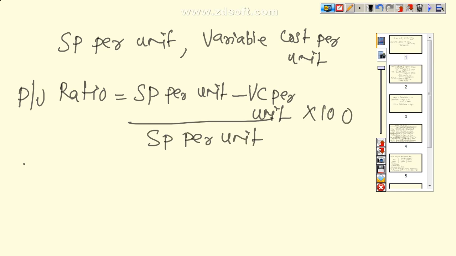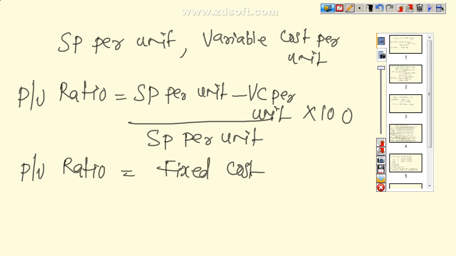And another formula of PV ratio is fixed cost upon break-even point. That is also another formula of calculating profit volume ratio.